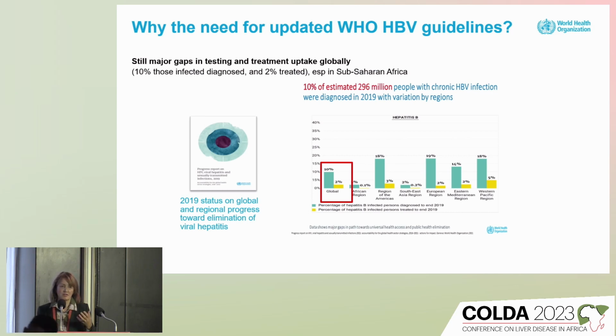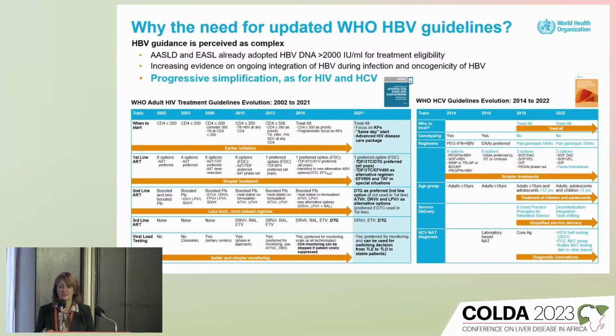So just as for hepatitis C, there was an imperative to simplify and make the cascade of care simpler and more accessible. And the guidance has always been perceived as complex, even though when I was involved in the original 2015 guidelines, we felt we were making a major step forward with dispensing with a lot of the complex terminology and language and the need for e-antigen status.